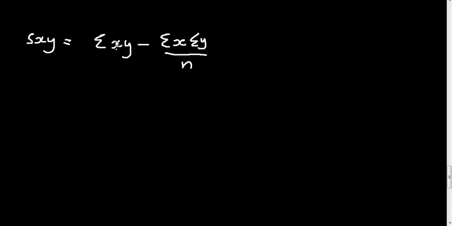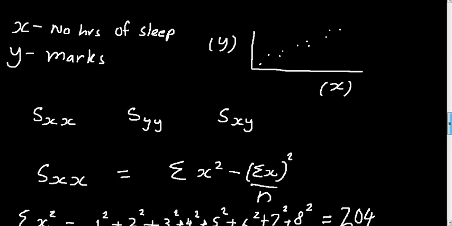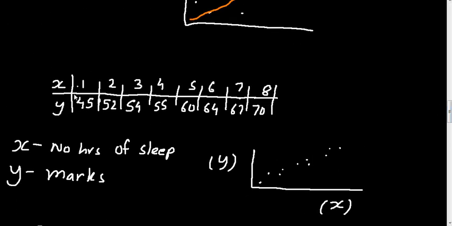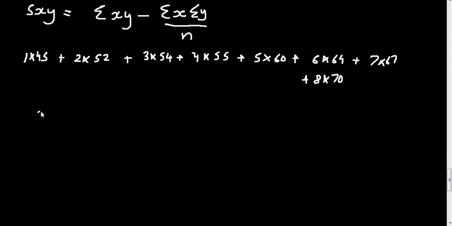That's what this means. The first xy term would be 1 multiplied by 45, so the first xy would be 45. The second xy would be 104. Let me write that out clearly for you. The answer to that, the sum of all of this, is 2244.